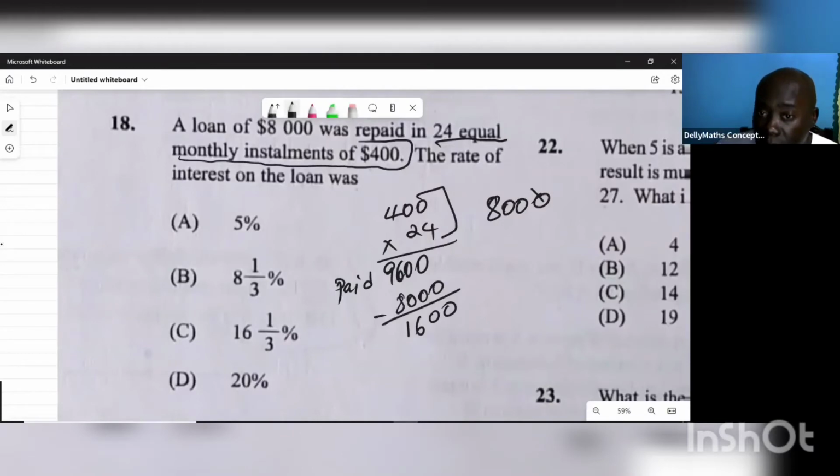If I drop off a 0 here, I realize that 10% is 800. How does that relate to this? It is telling me that, oh, it's 20% they made. Because if 10% is 800, and then this is 1,600, which is 2 times this, that means it was 20% that they made from me.